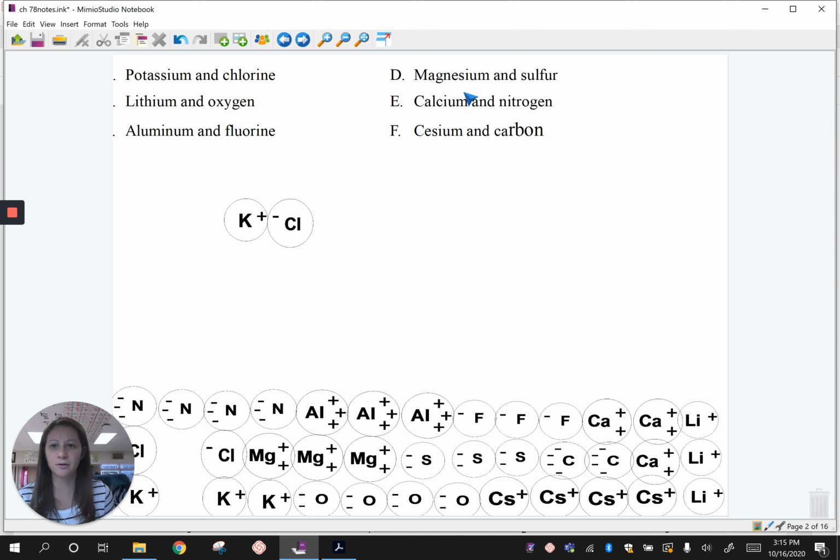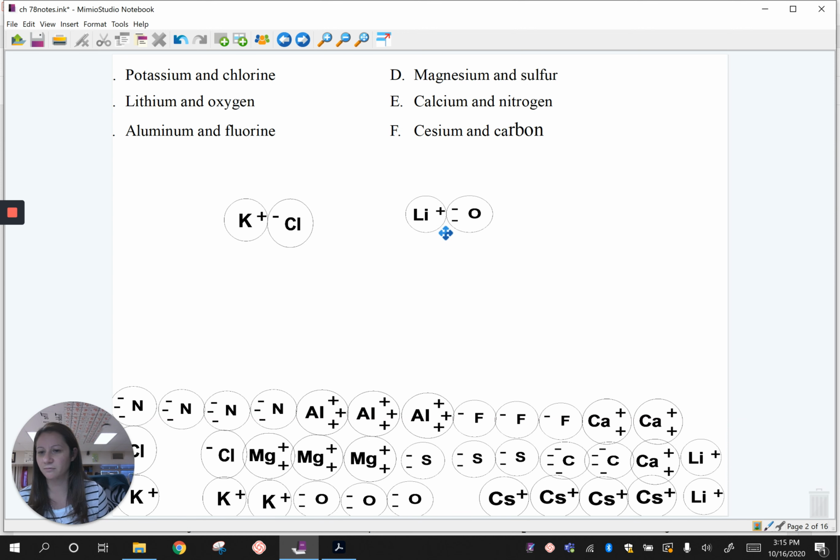So let's try another one. Let's try lithium and oxygen. So lithium is +1, so you draw a circle with a +1. And oxygen is -2, so you draw a circle with, you can put 2 negatives like I have here, or you can just write 2 minus. And check. Oh, this is not neutral.